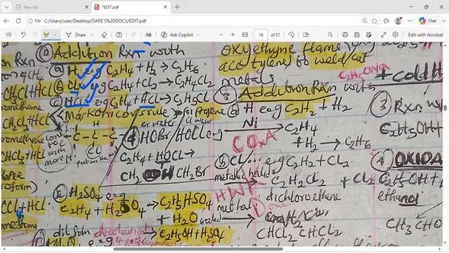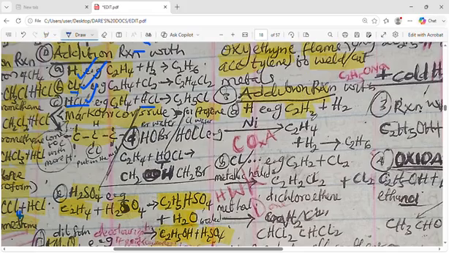The way we added H to alkene, we will also be adding H to ethyne. This time, ethyne will change to ethene. If you add again, it will change to ethane. Remember, ethene changes to ethane, but ethyne will change to ethene, and from ethene, it can still change to ethane.